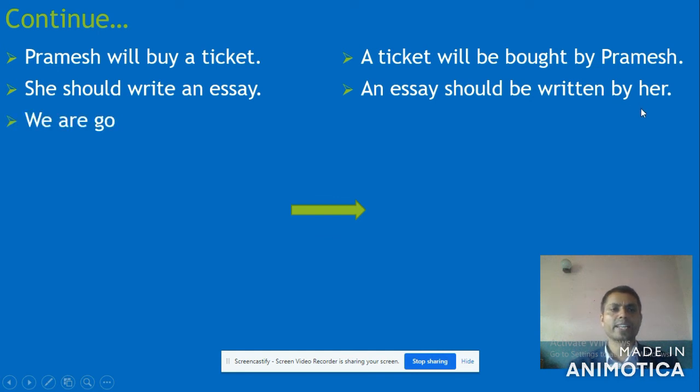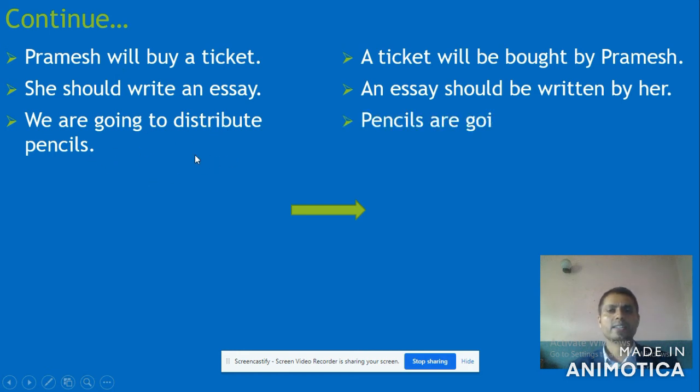The next one here: We are going to distribute pencils. This is an active sentence. We is the subject, going to is the auxiliary, and special notice here, just like should and will, distribute is to plus verb 1, right? So its passive is what? Pencils, the object of the active voice, becomes the subject here.